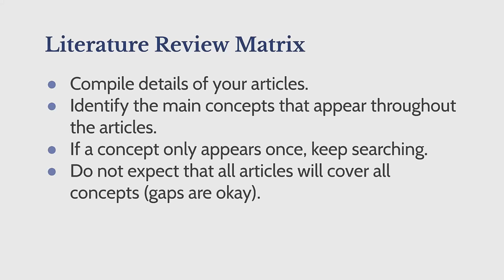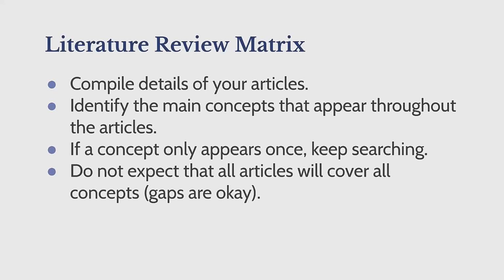Maybe one source only talks about one aspect, but it's a really important one that you want to bring up for some reason. It's important to your paper, and that's up to you to decide. All of the stuff you're bringing up in your literature review doesn't have to be on the exact research question that you're looking at.